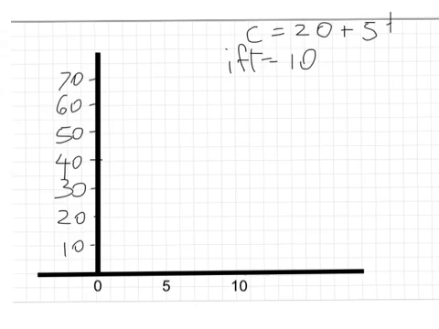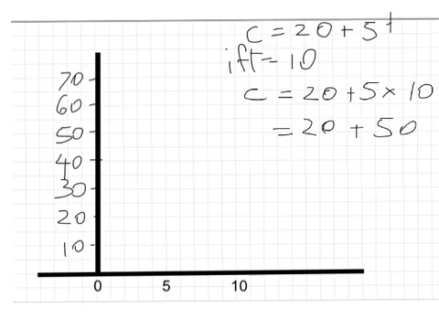I'm going to end up saying cost is 20 plus 5 times 10, which equals 20 plus 50, 70. So I now come across to my graph and I go across to 10 and I go up to 70 and I'll put a dot there. Okay, so I've got my dot there.